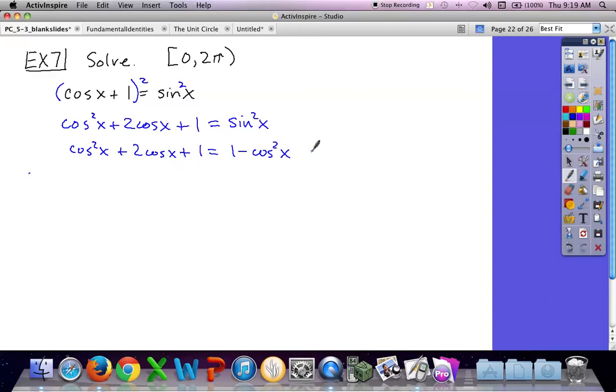All right, so this will be a quadratic. We need to get everything on one side, 0 on the other. When I do that, if I subtract 1 from both sides, they're going to cancel, right? Which is good. And if I add cosine squared x to both sides, right, then I've got 2 of them. So now I've got 2 cosine squared x plus 2 cosine x equals 0.